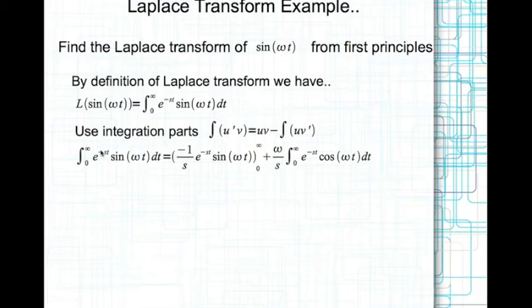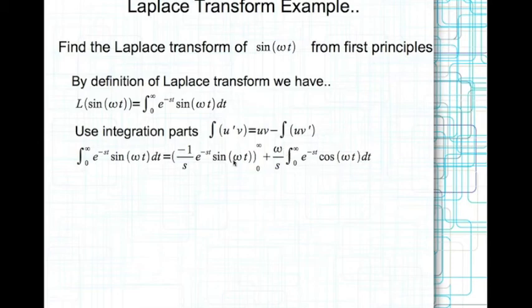You integrate e to the power of minus st, you get this term. V is as is, and then this term here is minus integral of u v dash. So integrate e to the power of minus st, and that's this term here with a negative sign. That negative sign with this negative sign becomes positive. V dash is the differentiation of sine omega t, which is cos omega t times omega.